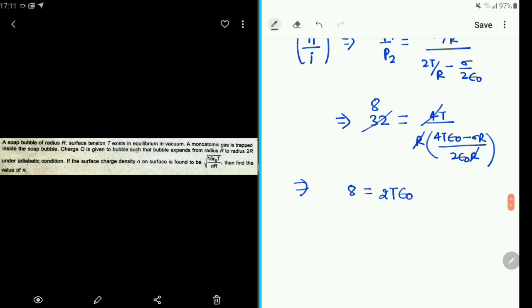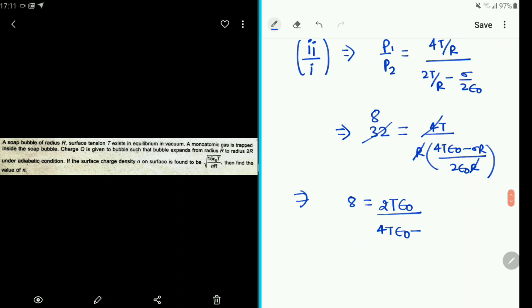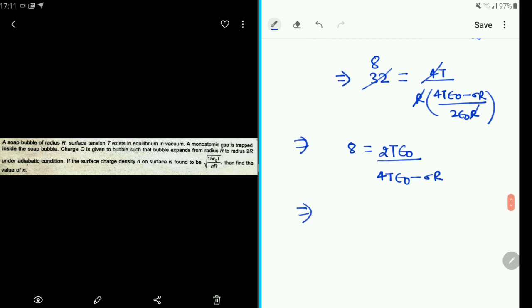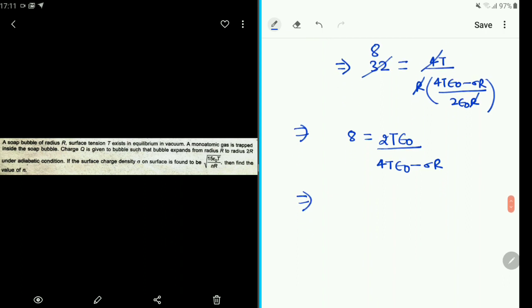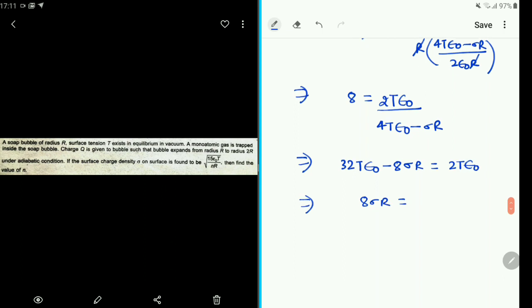What we are left with is 2T epsilon naught by 4T epsilon naught minus sigma square R. We'll cross multiply here. What we'll get is 32T epsilon naught minus 8 sigma square R is equal to 2T epsilon naught. So 8 sigma square R is equal to 30T epsilon naught.